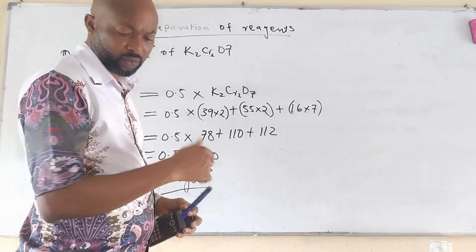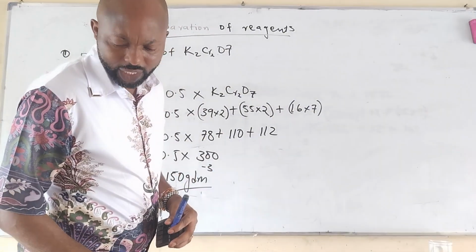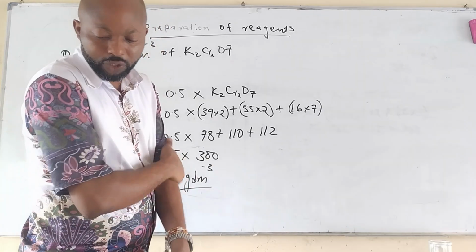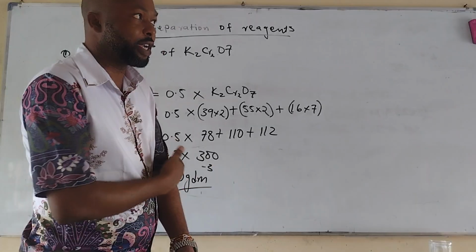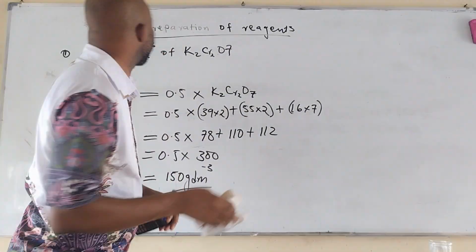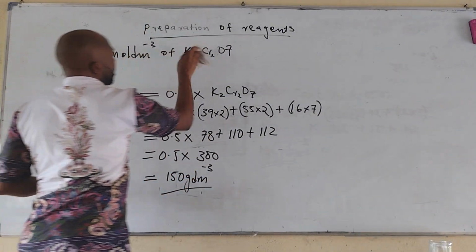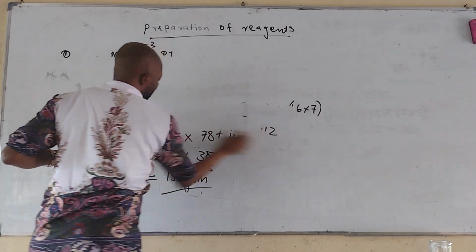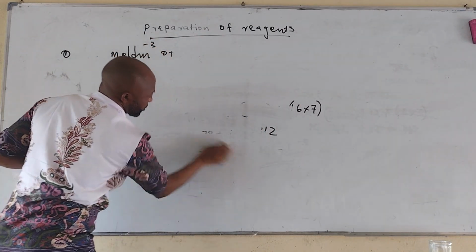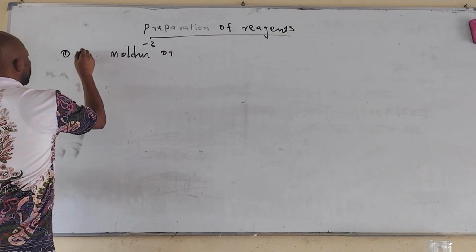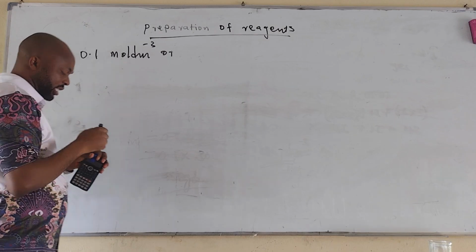Alright? Let's take another question. 0.1 mole per dm³ of potassium trioxoiodate(V). Okay, 0.1, yeah. Mole per dm³.